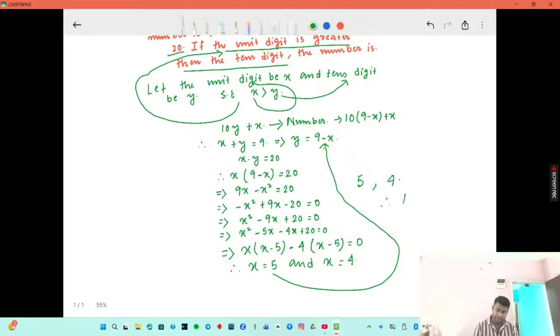Therefore, the number will be 54. No, the number will not be 54, it will be 45, because the tens digit is less than the unit digit. Therefore, the number will be 45. Answer.